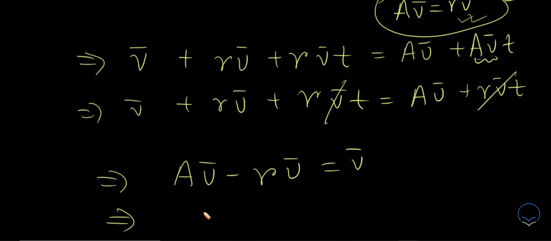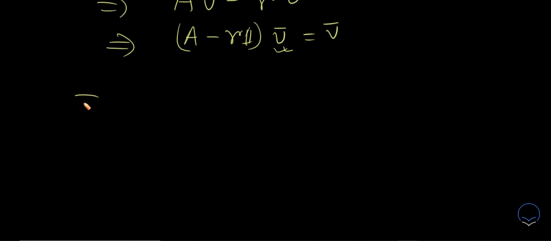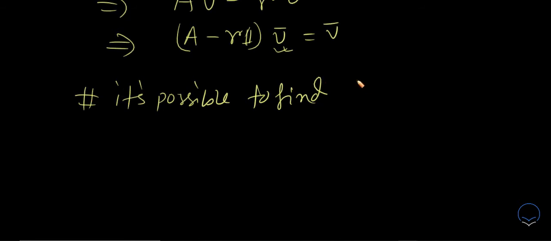And finally, if you take u bar as a factor on the right side, because this is a column vector, you can write it as A minus r, obviously there is an identity matrix over here, times u bar equals v bar. So finally we can see that yes, it's possible to find a u bar.